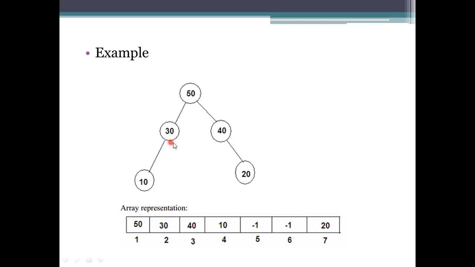If we do not have an element, here we do not have a right child, so for the right child we need to take an empty space, or simply mention -1 for it. Here also we do not have a child. So the 4th is filled, and 5 and 6 are considered empty, -1 and -1, and the next one is 20. Likewise, we store the values.